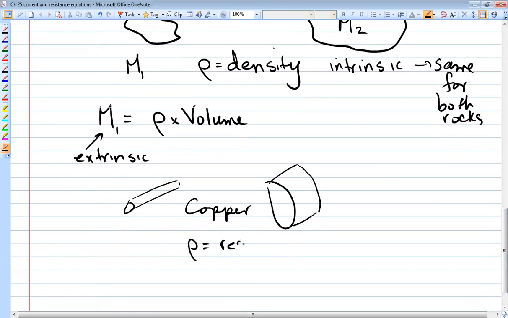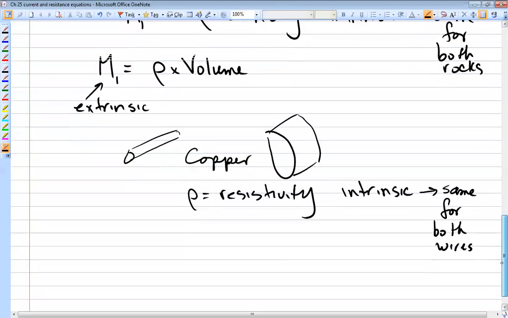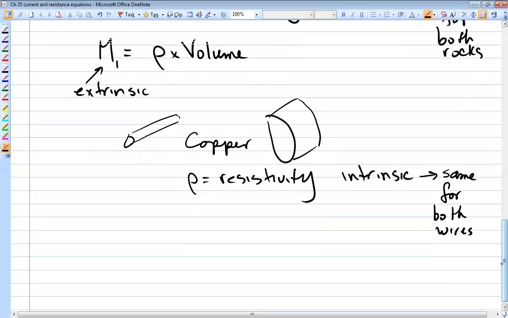So rho is resistivity, and this is intrinsic. It's something that's empirically determined. You have to go to the table and look it up. You can't predict it or calculate it. So this is the same for both wires. It does not depend on the size or shape of the wire. It simply depends on the fact that it's copper.